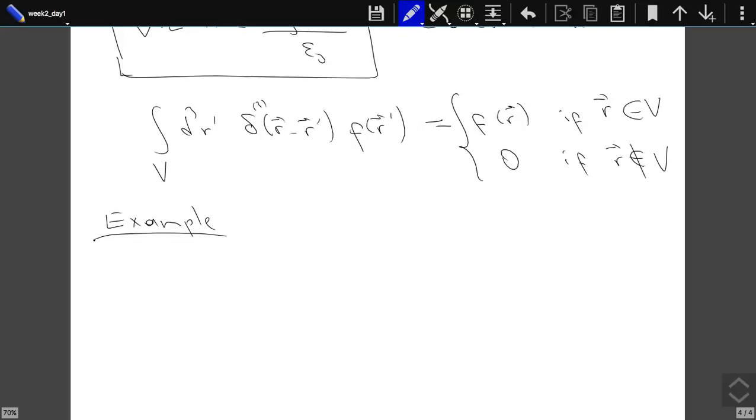For example, let's just imagine we have a cube, a conducting cube. But we kind of isolate one of the sides. So this side is isolated from the rest.